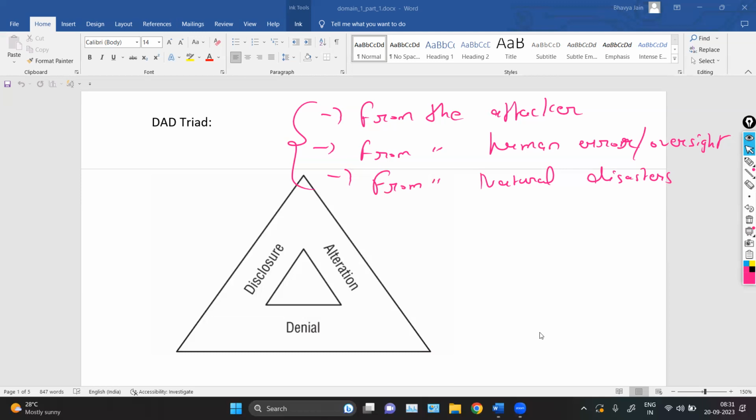And the third one is protecting the data, the infrastructure, and the information system from natural disasters, for example flood, earthquakes, and pandemics. That is natural disasters. Whenever we are talking about cybersecurity or information security, we have to take these three phases together.